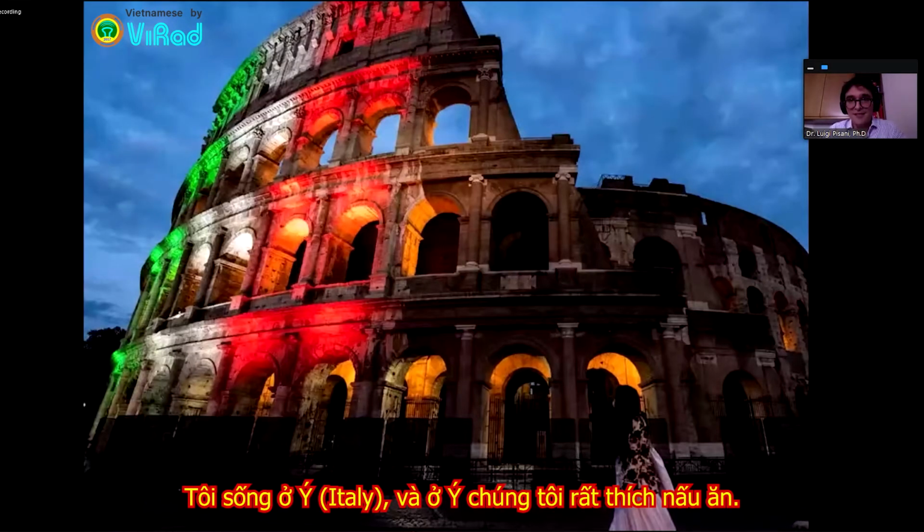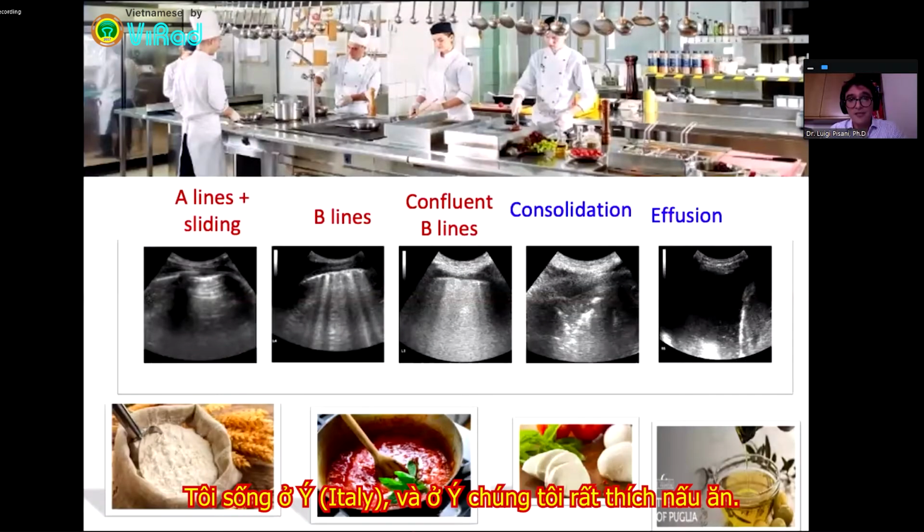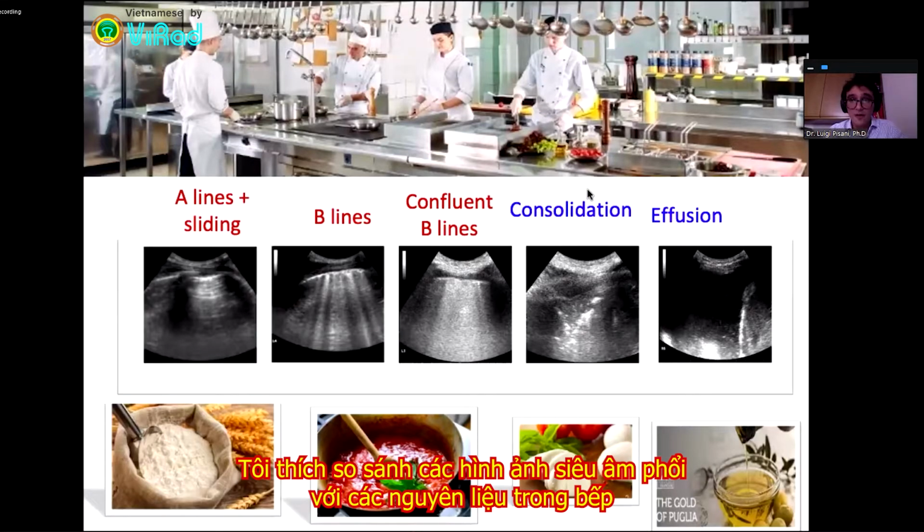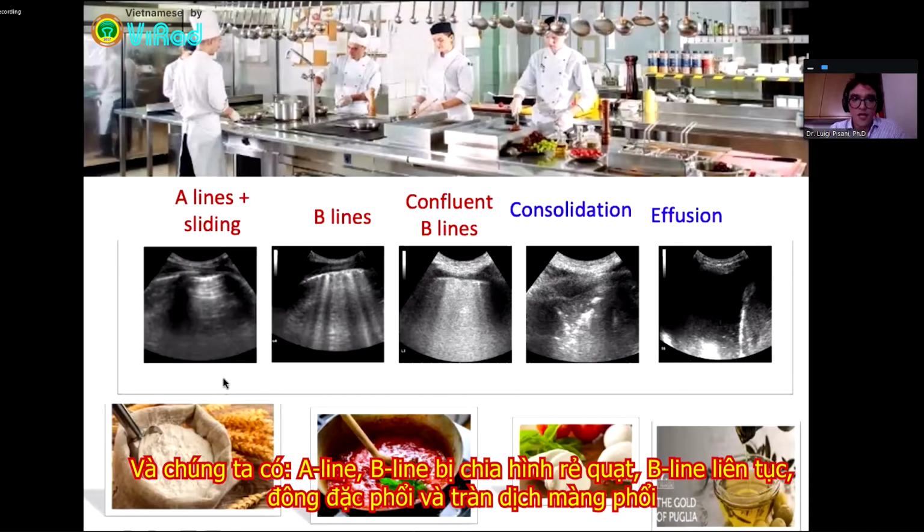I come from Italy, and in Italy, we like to cook a lot of food. And I like to compare the lung ultrasound findings to ingredients in our kitchen. So we have A lines, separated B lines, confluent B lines, consolidation, effusion.